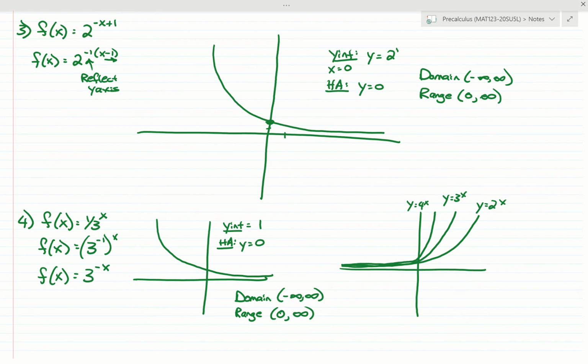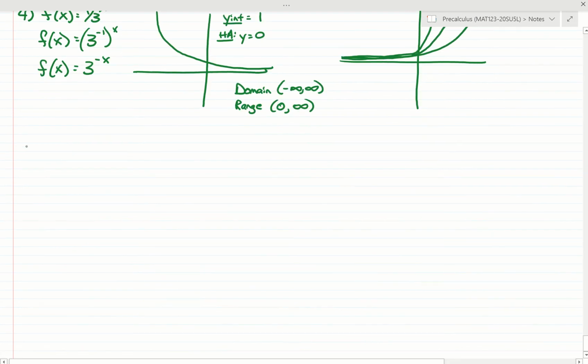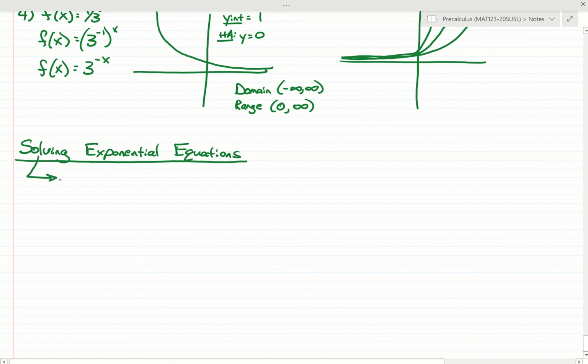Let's talk about how to solve exponential equations next. One way that we could do them is to write both sides as the same base to a power.